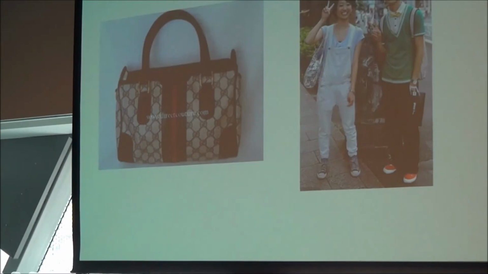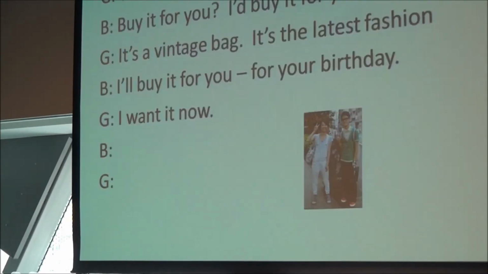I'll give you a minute to have a look at it. I'm going to ask the students to listen to the dialogue and put the box, see the box up there on the right, in the right place on the sentences.